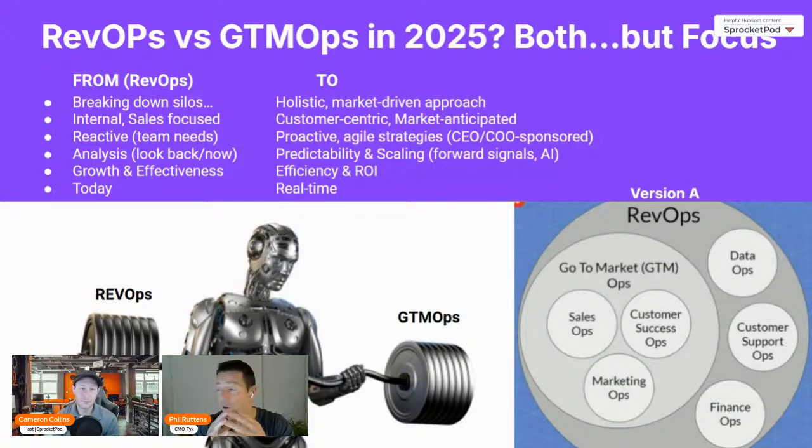Cost of acquisition, payback, all these different KPIs. Sometimes RevOps is looking into that, but GTMOps is very much more towards efficiency and ROI across the board, across the company. So you're looking also at real time, as opposed to looking at snapshots or previous trends. There you go.